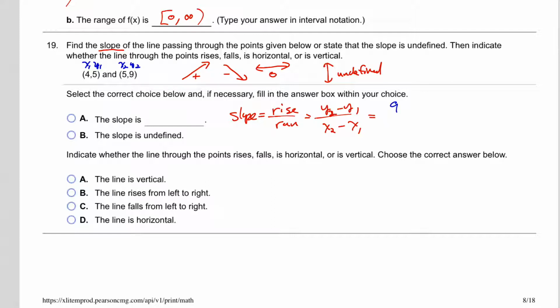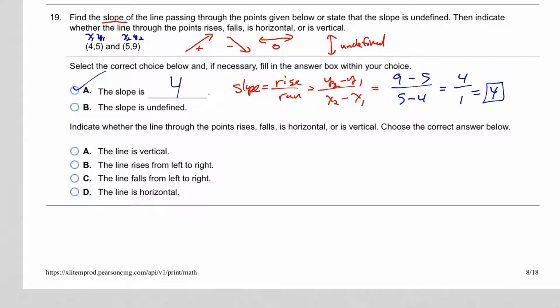So we have 9 minus 5 and 5 minus 4. So 9 minus 5 is 4, and 5 minus 4 is 1, so this is going to be 4. And then this is definitely not 0 or undefined. This is a positive slope. This is going up from left to right, or rising. Okay.